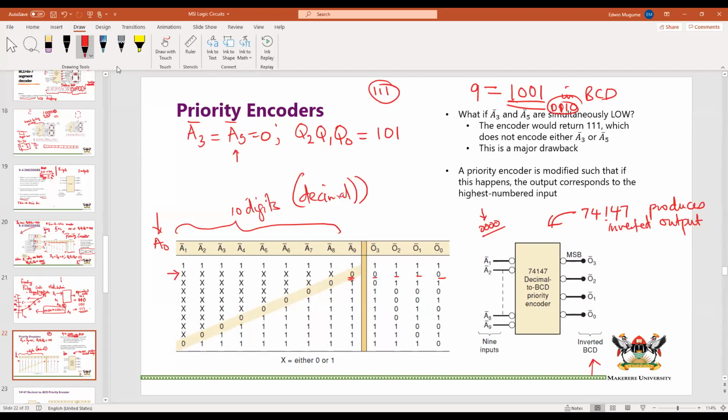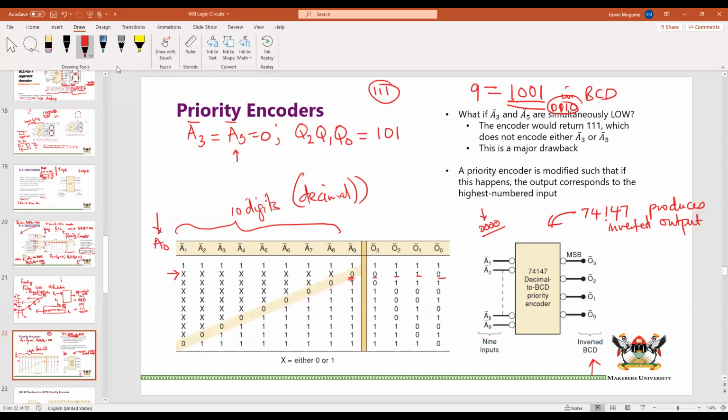You can see that as long as it's A9, we don't care what the smaller ones are, because with a priority encoder, as long as A9 is low, even if any of the others were low, our output would correspond to the highest, which in this case is A9. That's why we put don't care states to the left of A9, because all those inputs are smaller than A9, and so they wouldn't override A9.